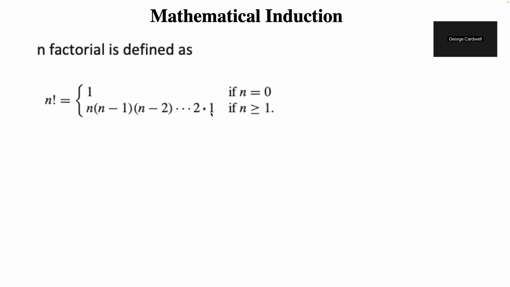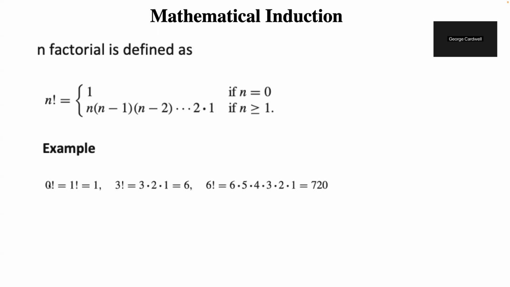If n is 0, we define 0 factorial as 1. That's what this is doing. And then if it's greater or equal to 1, you use this formula. There is no negative factorial. So the domain of n factorial is 0 to infinity.